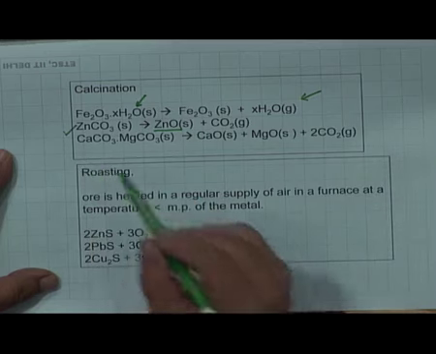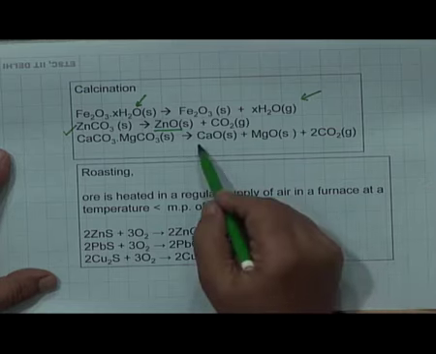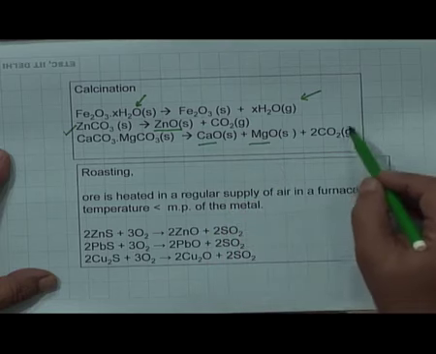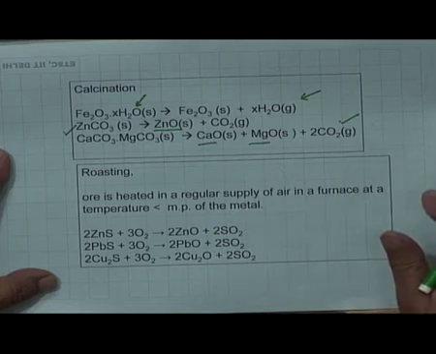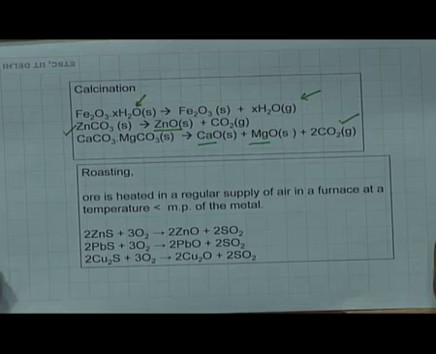If there is a double carbonate like calcium carbonate and magnesium carbonate, then both metals are converted into their oxides and carbon dioxide is released as gas. So, we are left only with the oxides in the calcination process, which is applicable to hydrated oxides or carbonates.